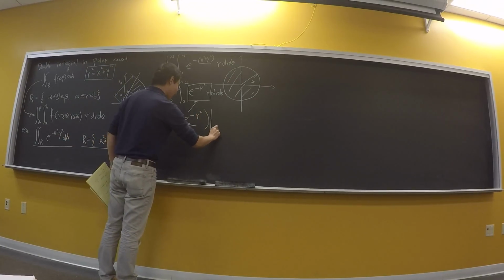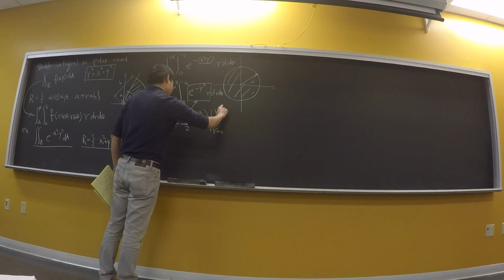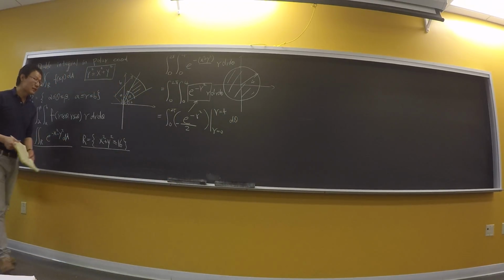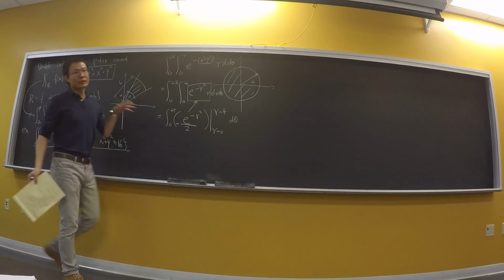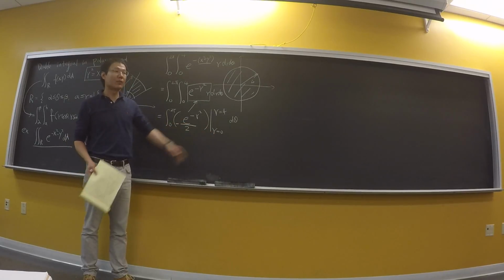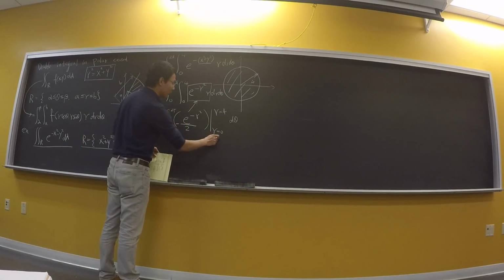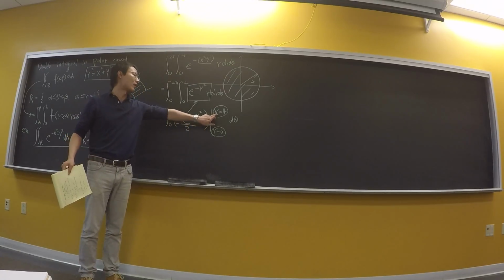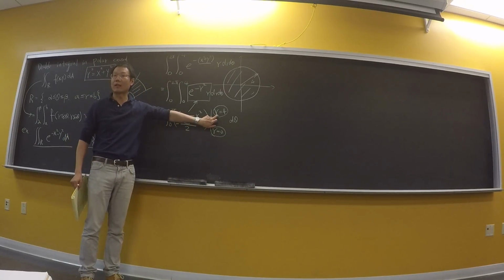I'm evaluating from r equals 0 to r equals 4, d theta. Also, I've mentioned this a couple of times: because we're dealing with a lot of variables, when you take the antiderivative and then evaluate at the boundary points, I usually want to keep this variable in my evaluation to remind me I'm taking the value of r as the number I plug in.